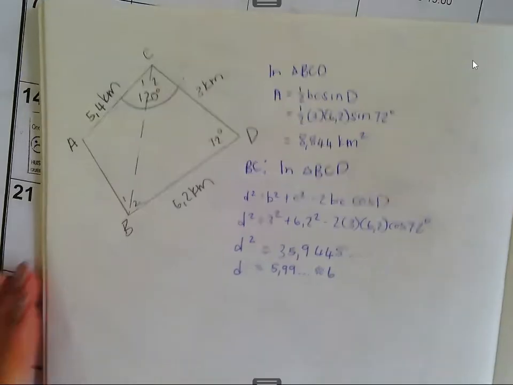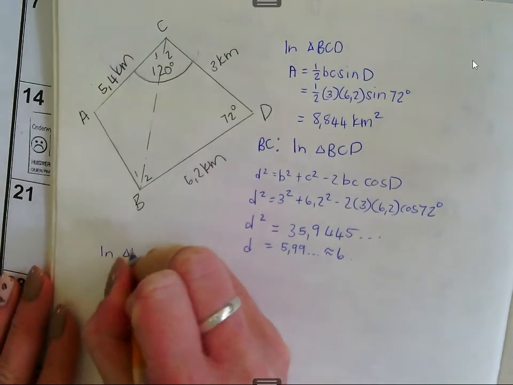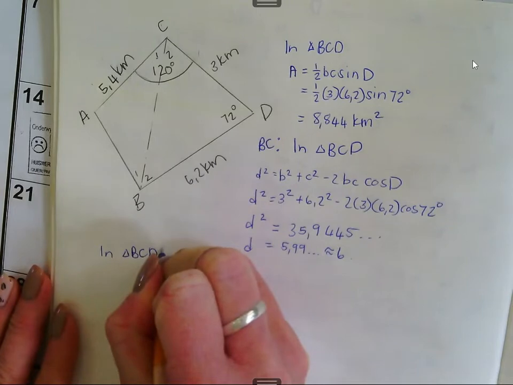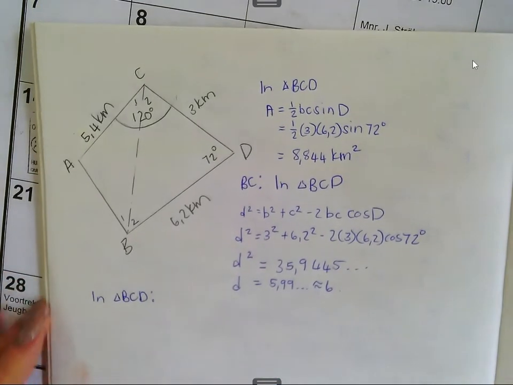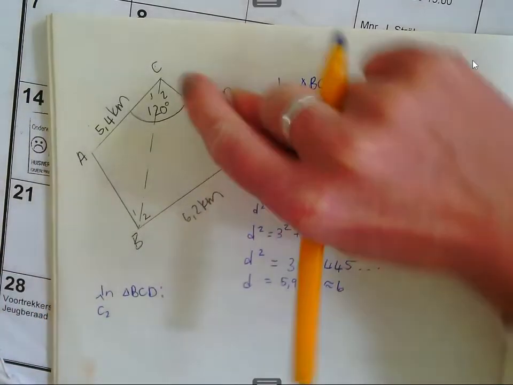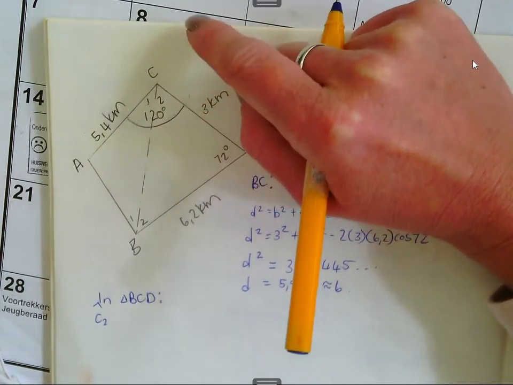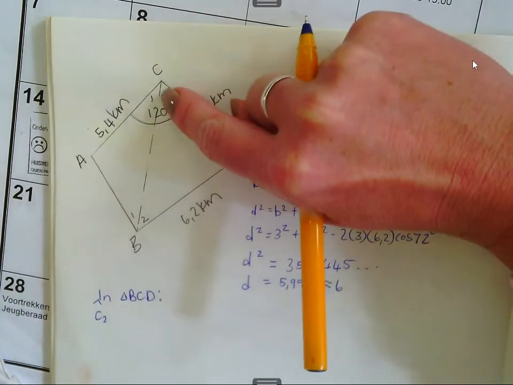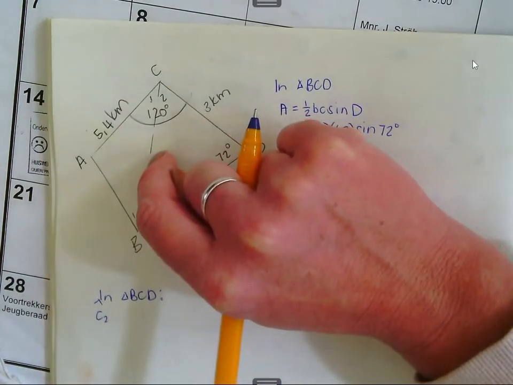Okay. So I'm still in triangle BCD. I want to calculate the size of angle C2. Okay, in order for me to find C2, I can use the sine rule, because C2 and its side I have, and I have D and small letter d.